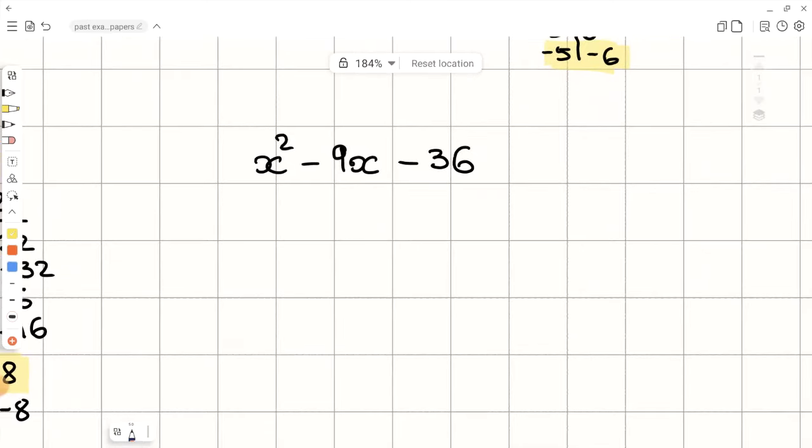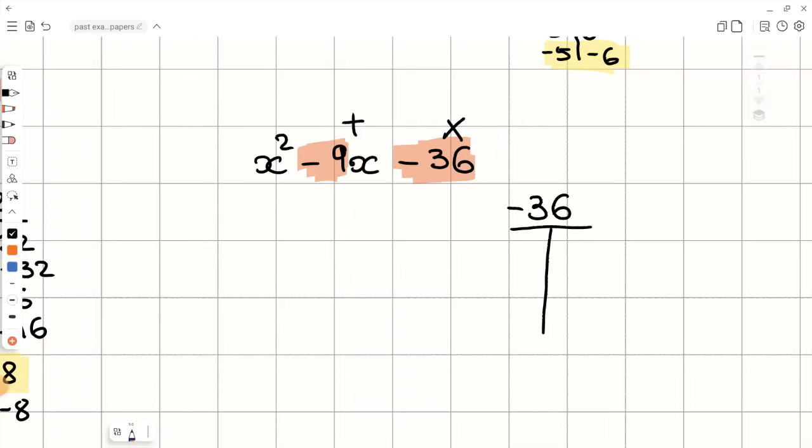Here we need to find the two numbers that when we multiply give us negative 36, but if we add them up, it should give us negative 9. Okay, now let's write down all the factors of negative 36.